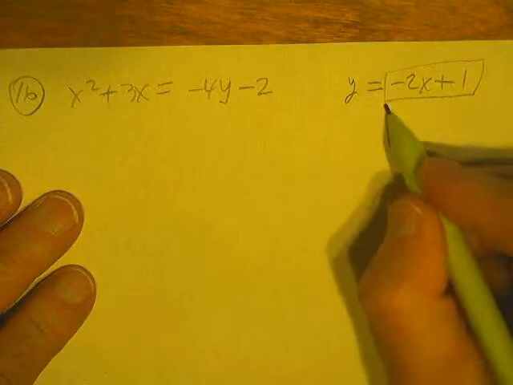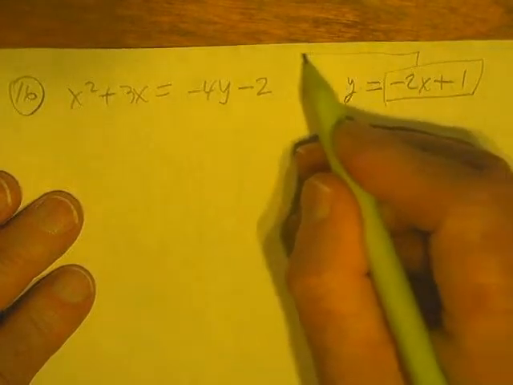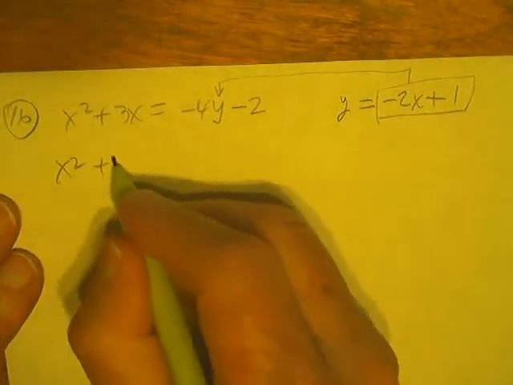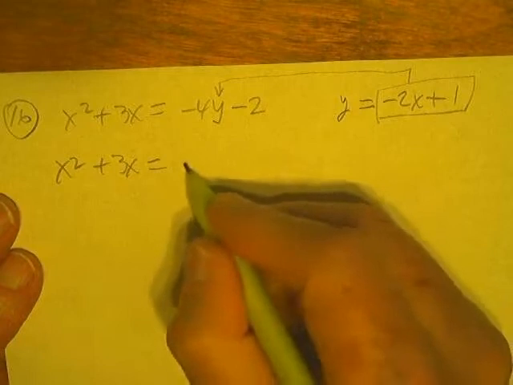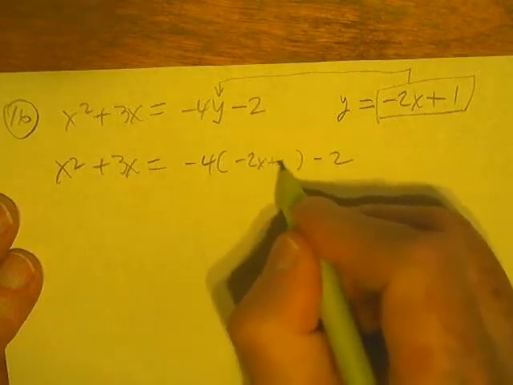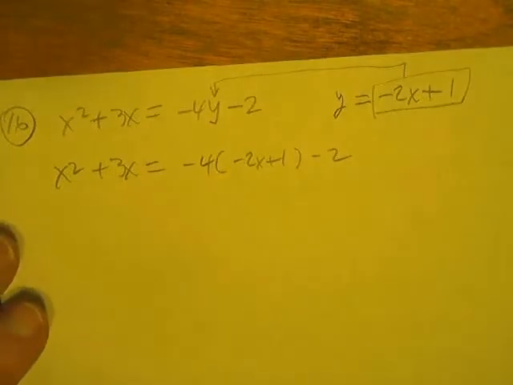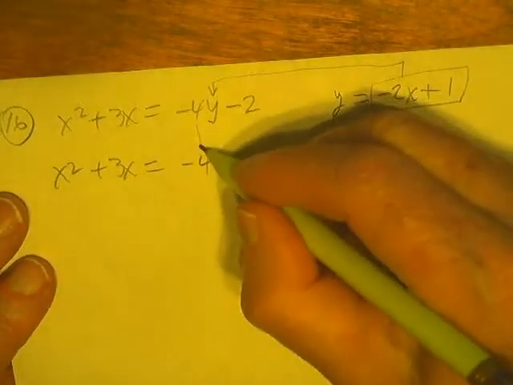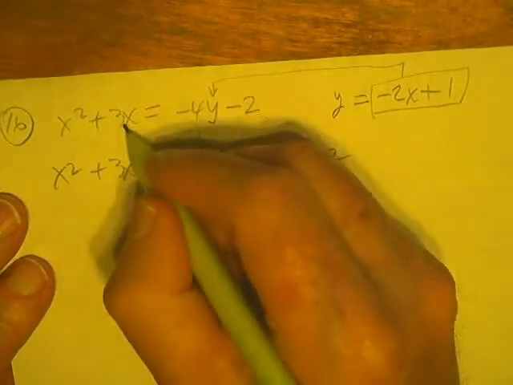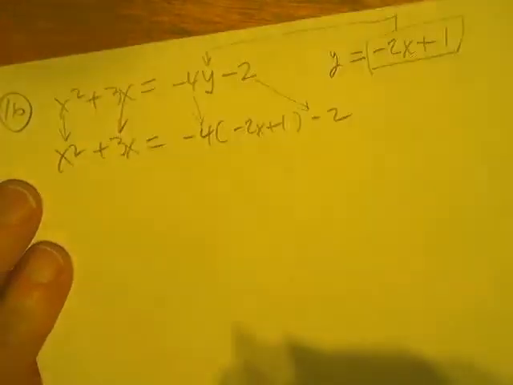So I can just take this one and substitute it right there. So I'll get x squared plus 3x equals negative 4 blank negative 2. Put negative 2x plus 1 in the blank. This negative 4 and that negative 2 just get copied. Here we go, copy, copy, copy.